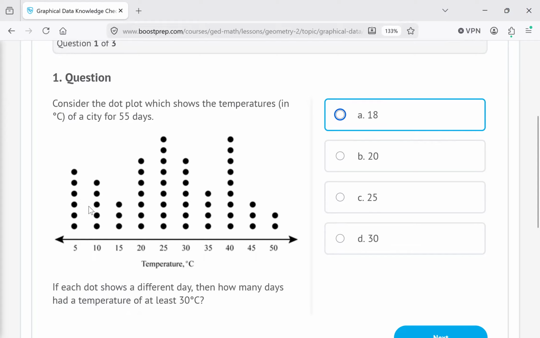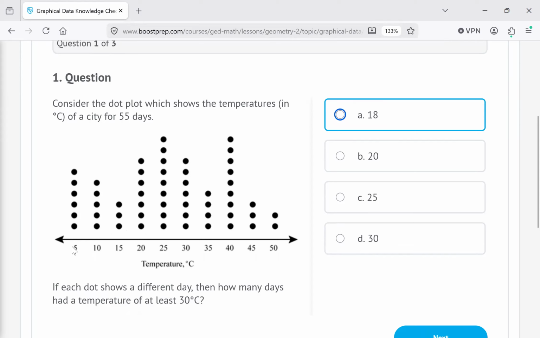So, for example, for 5 degrees Celsius, it ran for a total of 1, 2, 3, 4, 5, 6 days. So this is how you read this graph. This is a dot plot, and on the x-axis it's your temperature in degrees Celsius.